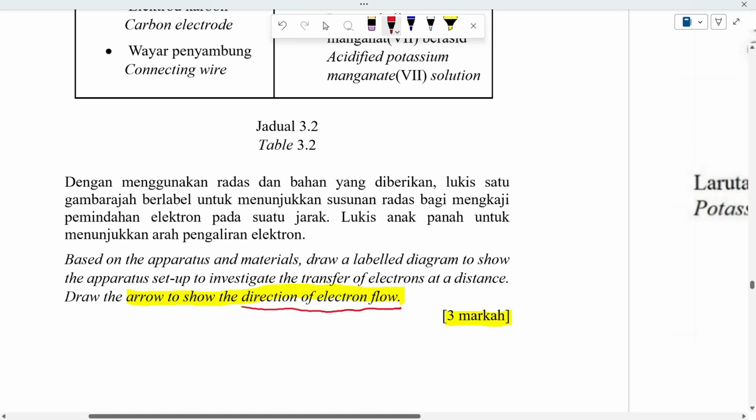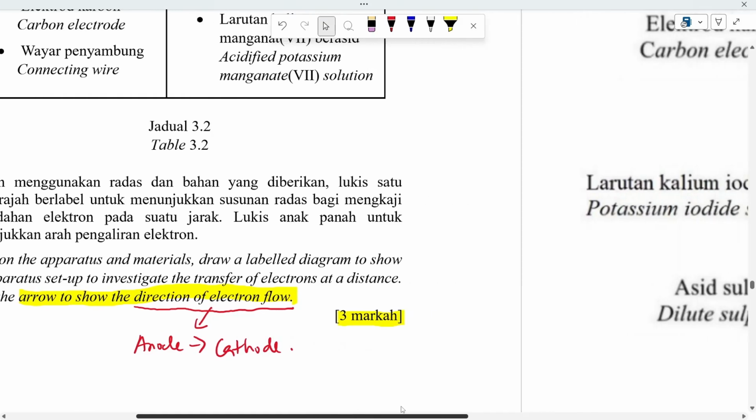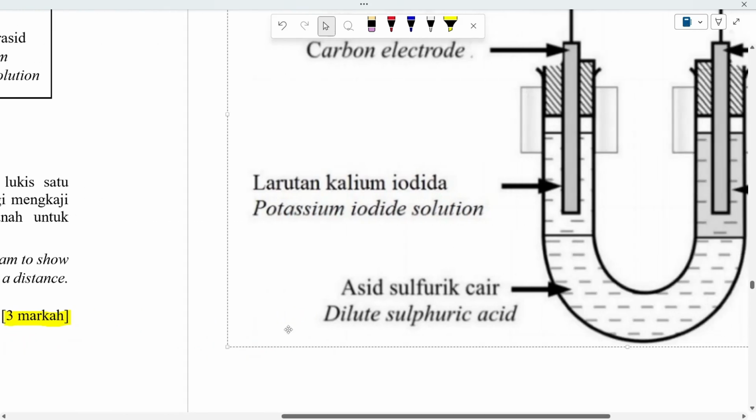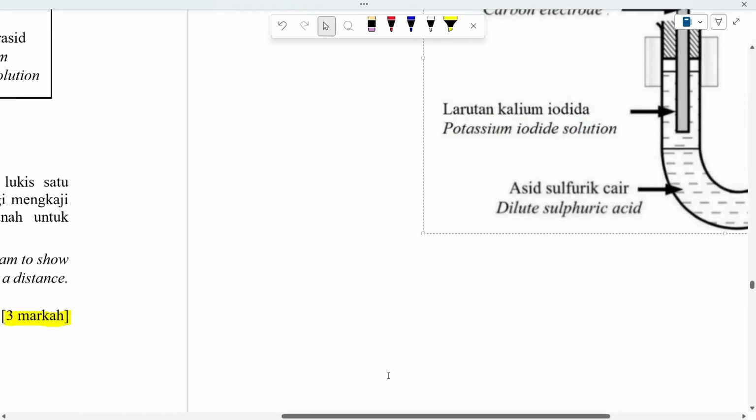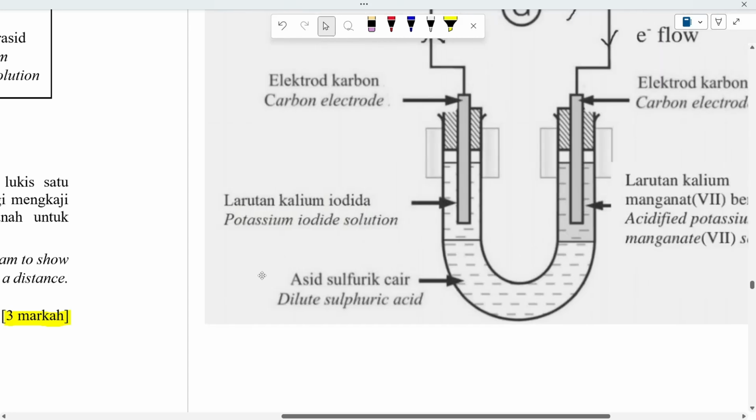So class, electrons flow from anode to cathode. These are the basic information you need to know. So for drawing and label, it will be 2 marks.